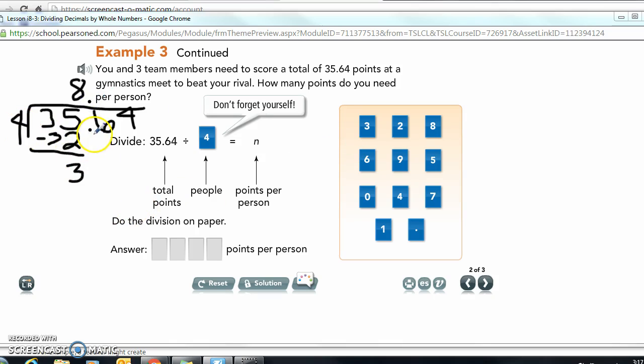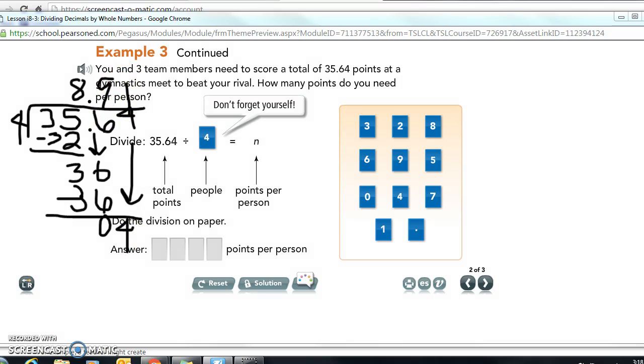Now, I need to bring down my 6. So 4 goes into 36 how many times? 4 times 8 is 32. 4 times 9 is 36. Bring down my 4. How many times does 4 go into 4?